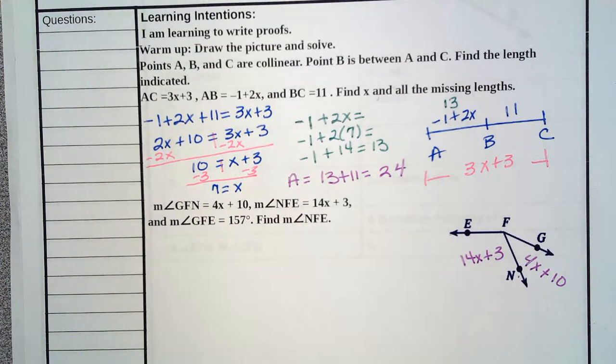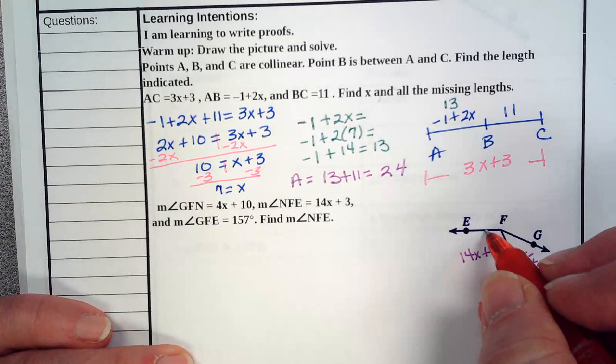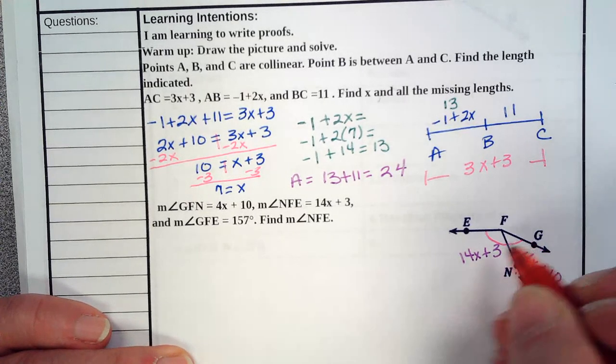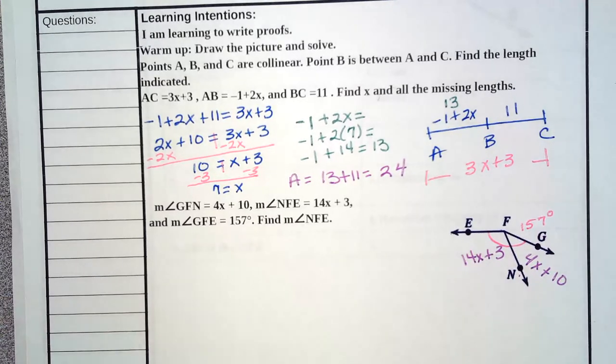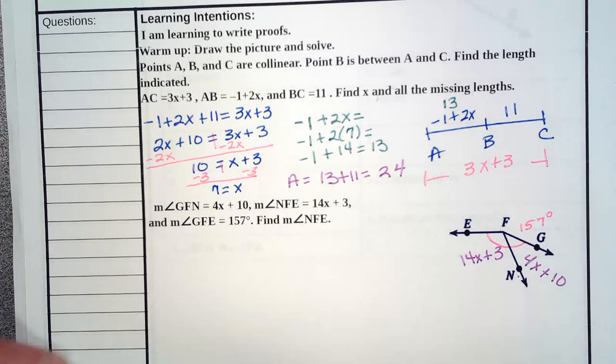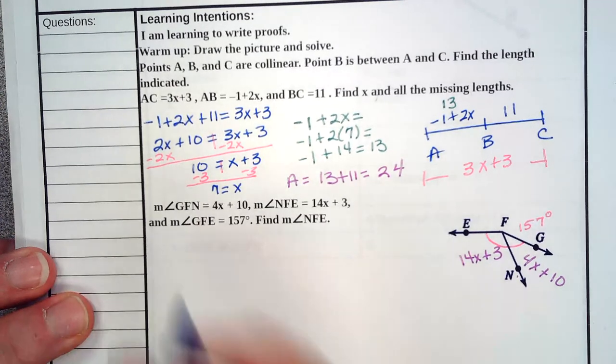But I also know that the whole thing is 157 degrees. So when you add them together, the two pieces make the whole. So I know that they have to be equal to 157 degrees.